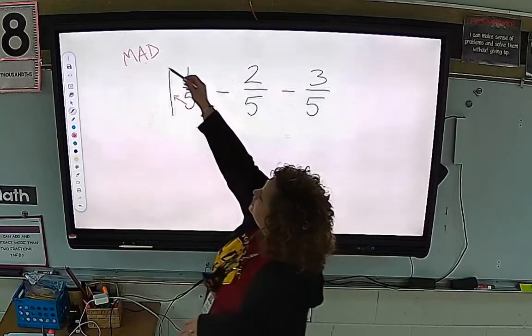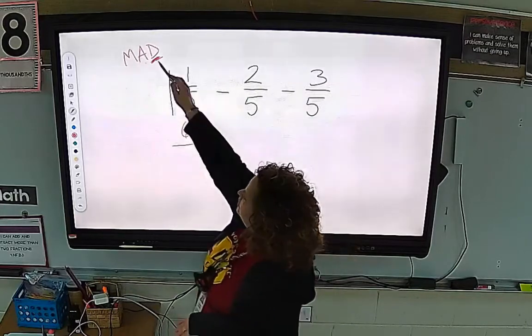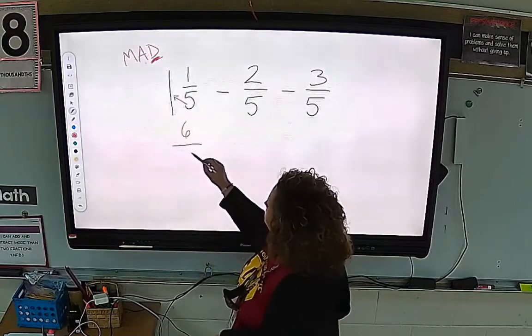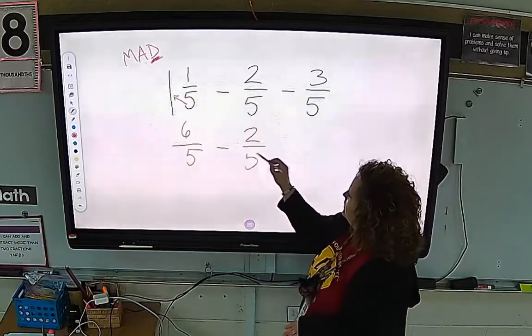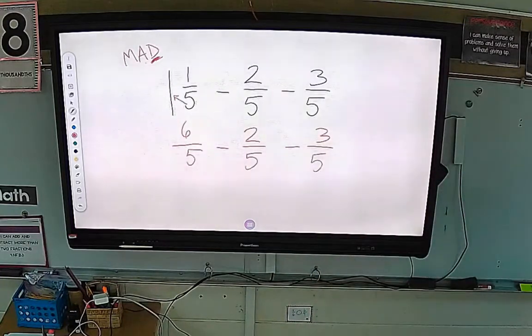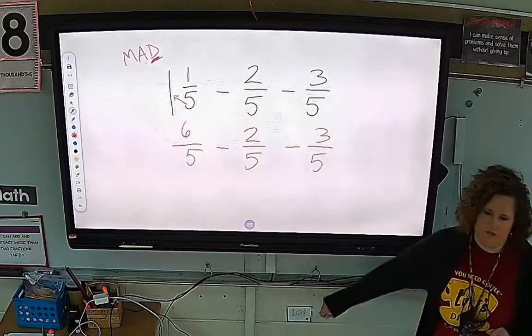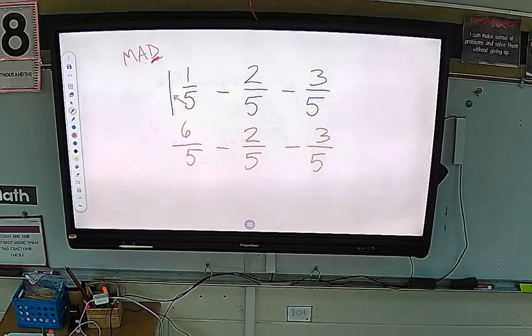And I'm going to put it all over what? What's the denominator? Okay. You've got to change that mixed number. All that is changing a mixed number to an improper fraction. Okay. All right. Go ahead and finish that out if you haven't already.